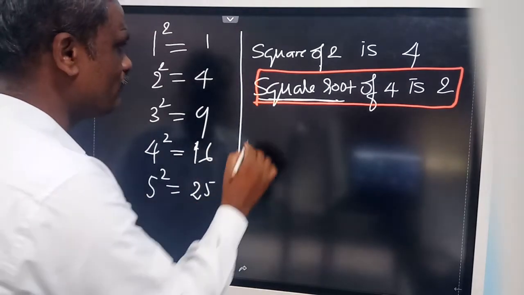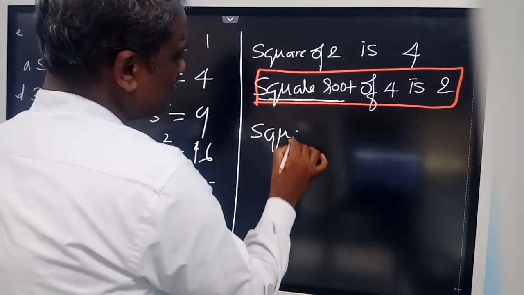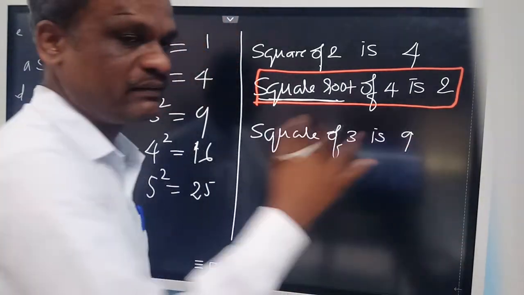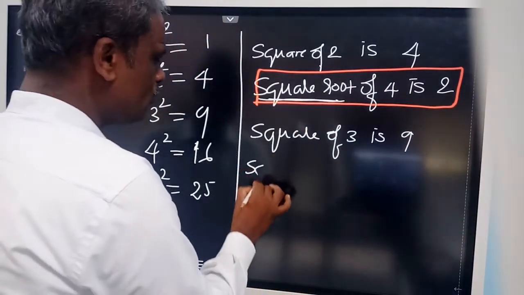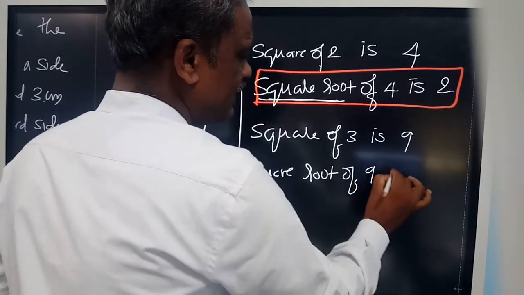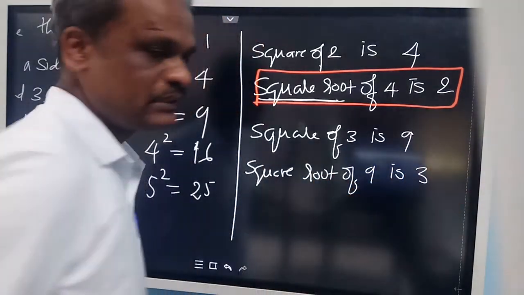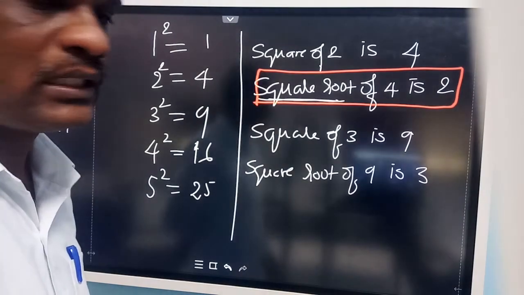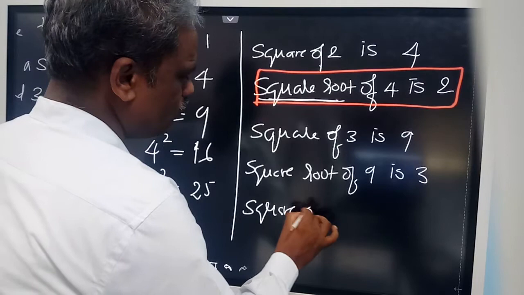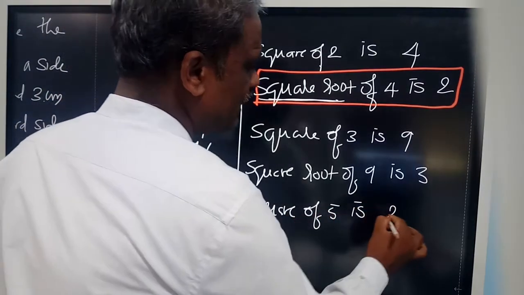Similarly, I will take another example. Square of 3 is 9. The reverse operation is the square root of 9. Square root of 9 is 3. This is the meaning of square root. Next, another example. Square of 5 is 25.